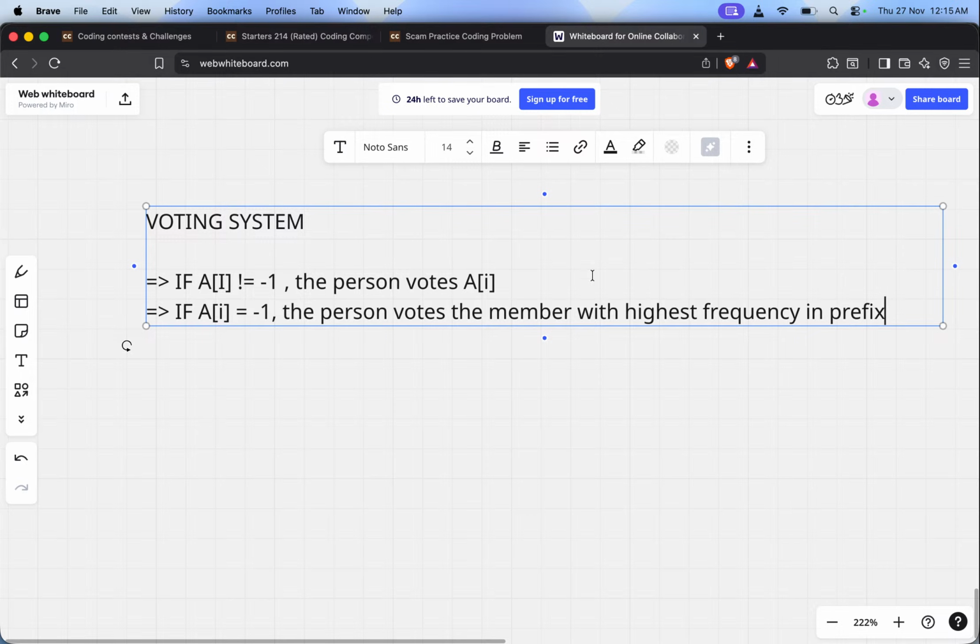And this prefix does not contain elements having minus 1. That is, a minus 1 person does not consider the vote of another person which is having a_i as minus 1. Now, what do we want?